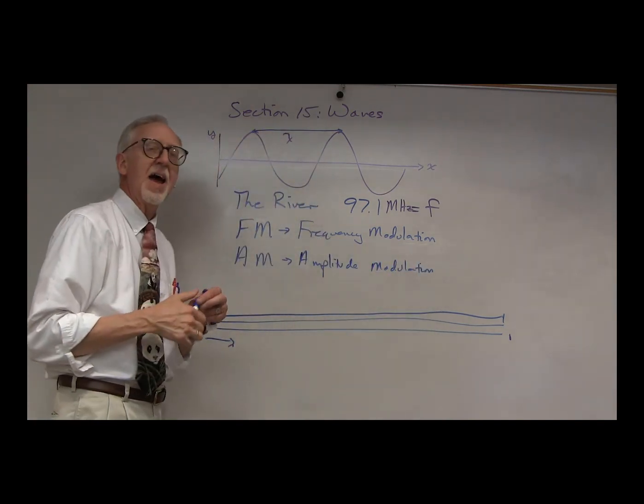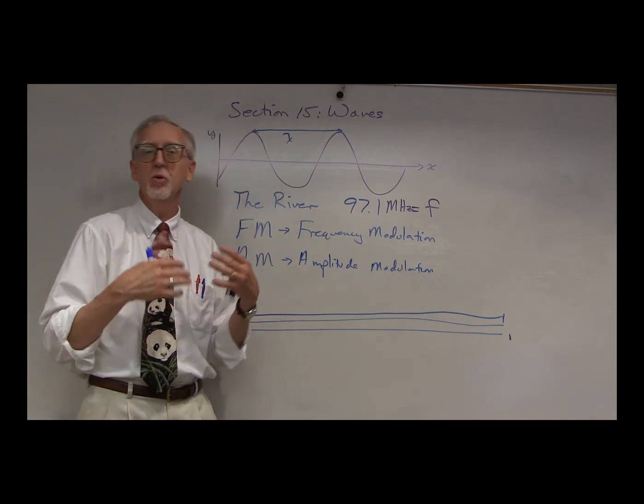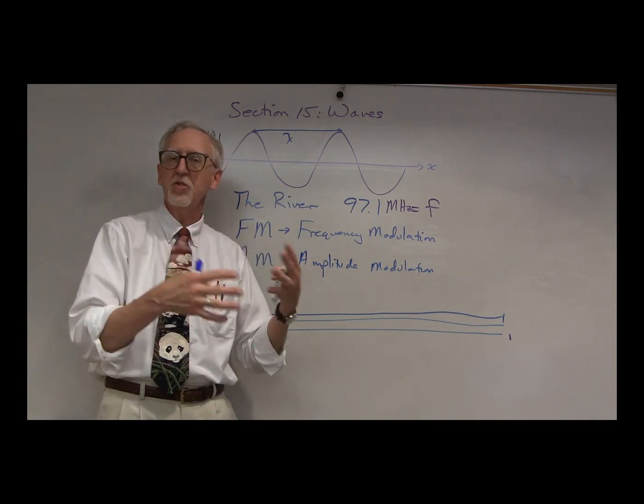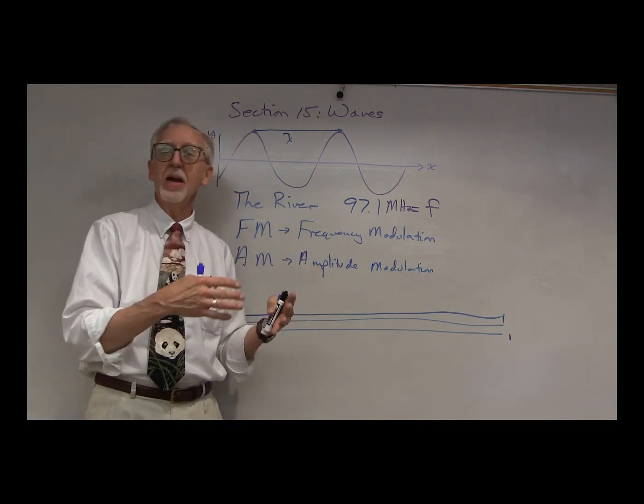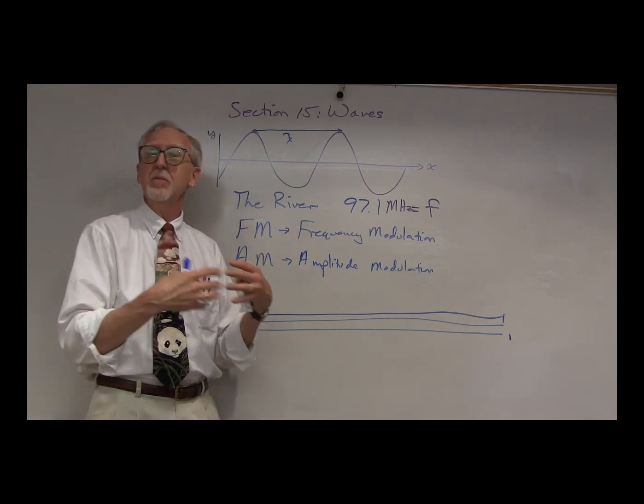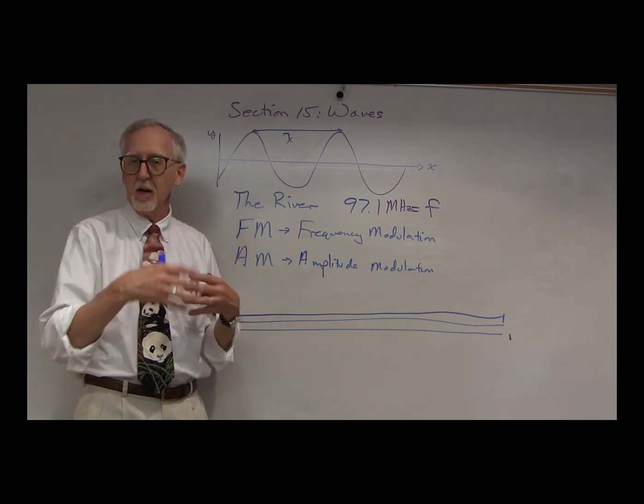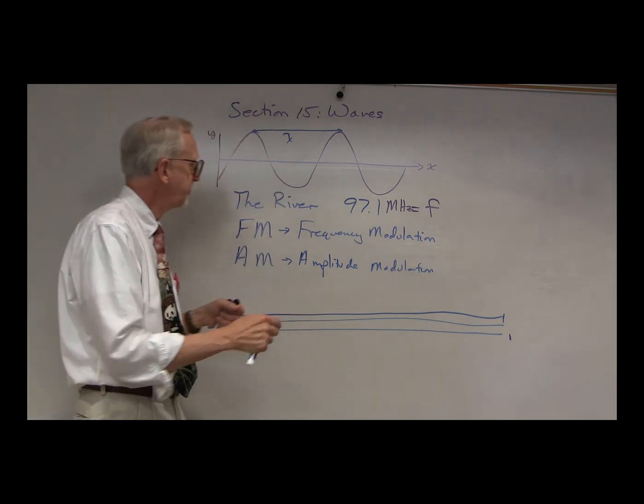And that tells us how they actually encode the signal, the voices, the music, or whatever, into the radio wave so that you can then decode that with your radio or whatever on the computer.